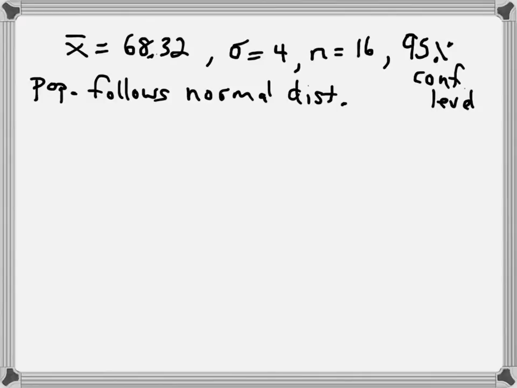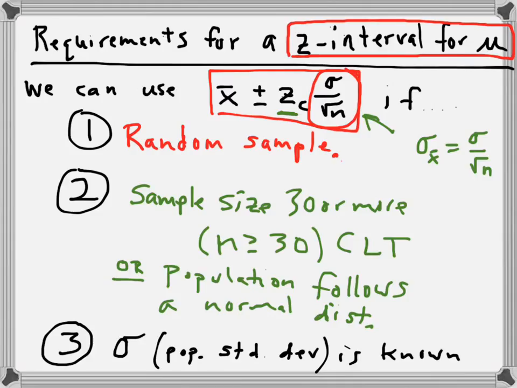So here we go. This is essentially what we just learned last chapter. We know the population follows the normal distribution, so we just met the requirement that the sample size is 30 or more, or the population follows the normal distribution.